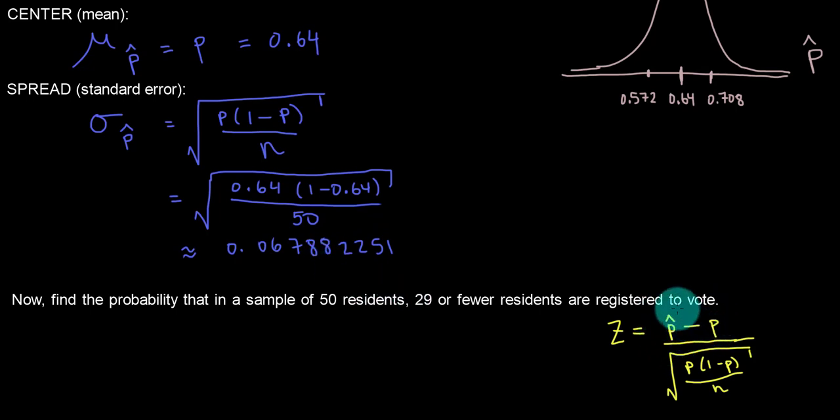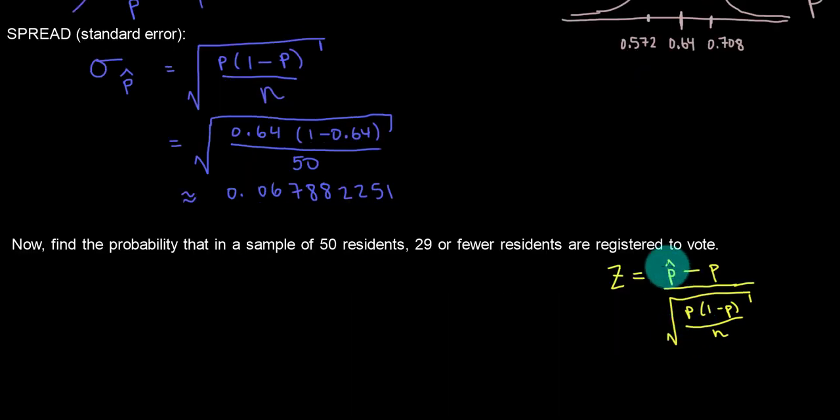We need to discuss what is p hat. Now that is the sample proportion, and that's referring to the proportion of successes. Here they say that we want to find the chance that 29 or fewer residents are registered to vote.